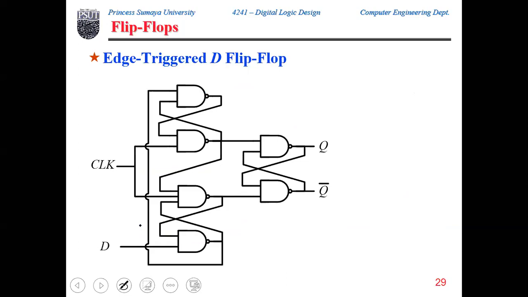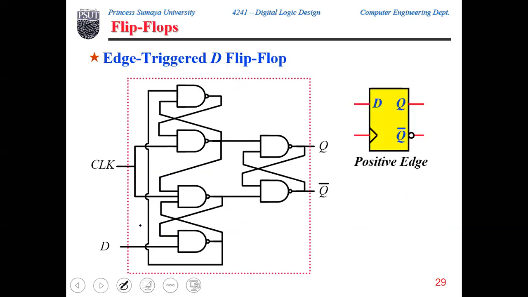Another way to build the flip-flops is this approach, but I will not go into details. It will take a long time for us to analyze this circuit to prove that it is a positive edge-triggered D flip-flop. And this is the graphical symbol, the logic symbol for the D flip-flop, which we have here. This triangle implies this is the clock input, and it implies that this is an edge-triggered flip-flop.